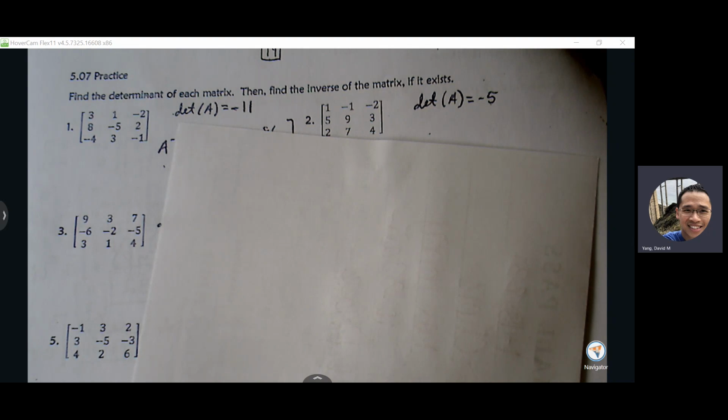This is the bottom thing. And then the second matrix again.